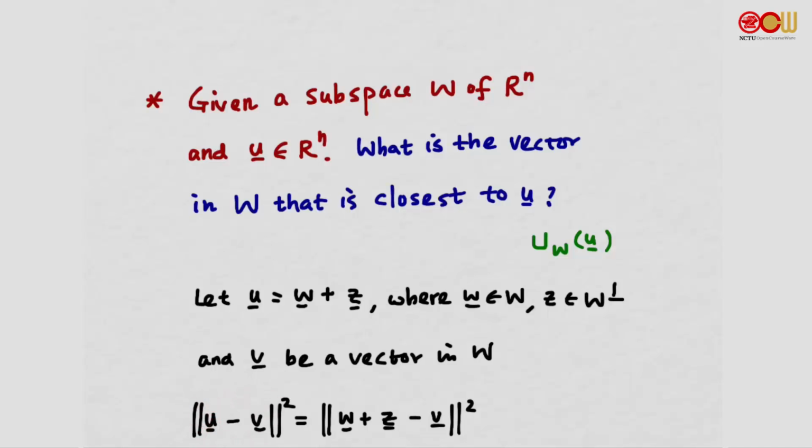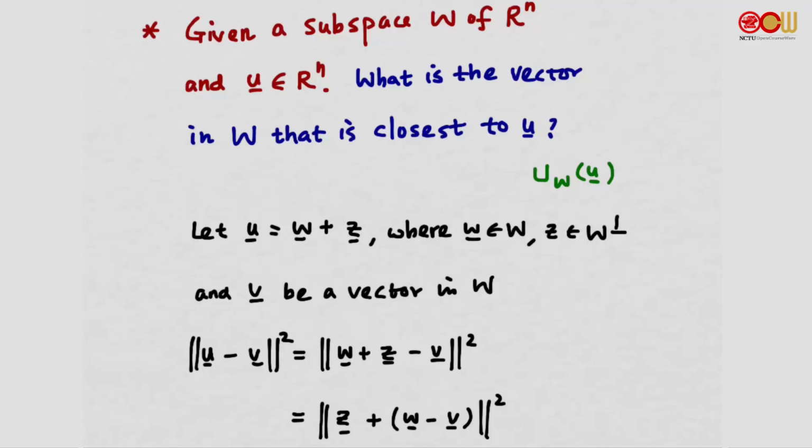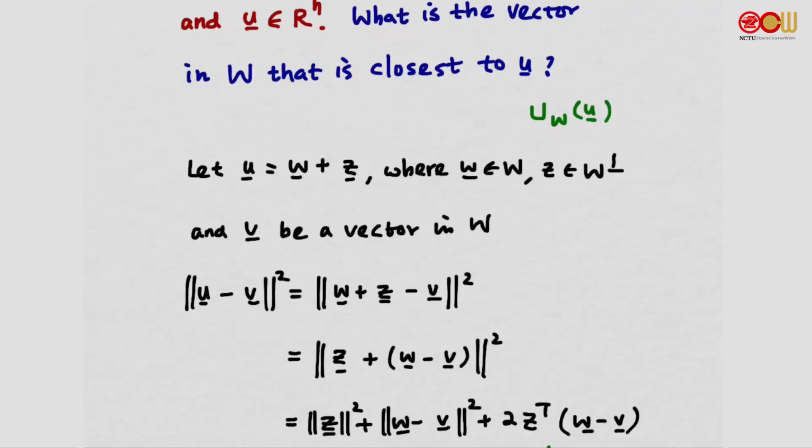We want to compute the distance between u and an arbitrary vector v in W. We can write u as w plus z and rearrange this: we have z here, and then w minus v. Working it out, this is the norm squared of z plus the norm squared of w minus v plus 2 z transpose (w minus v).